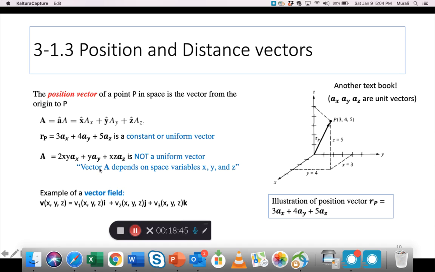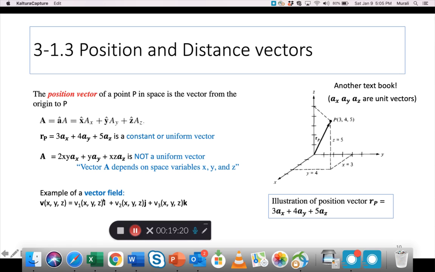Such a way of writing a vector is not a uniform vector or not a constant vector, and I don't think there's a name for it, but let's call it a non-uniform vector. But this is very common, and a lot of problems you're going to solve will have this format. Then we say vector A depends on space variables x, y, and z. These are variables x, y, z, they are not constants, and A is composed of these kind of coefficients.